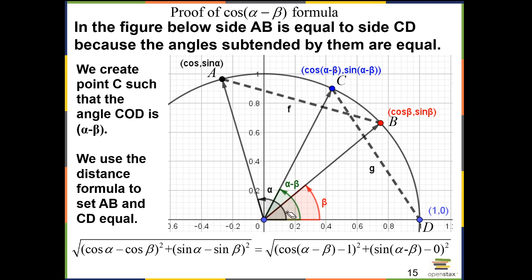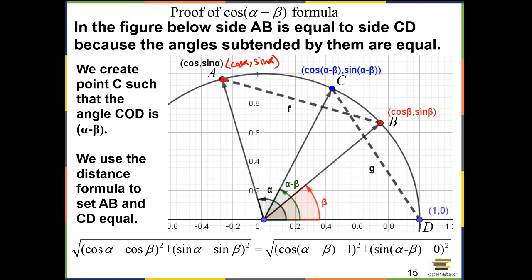So to prove that, to see what it is, we're going to make an angle alpha here, and put a point here on the unit circle, and call it cosine alpha, comma sine alpha, right? So this point right here is cosine alpha, sine alpha, okay?